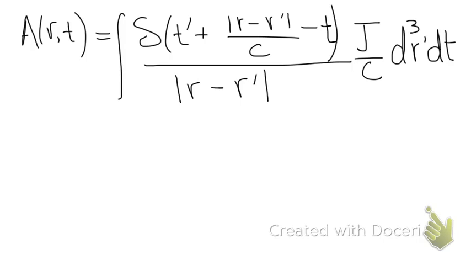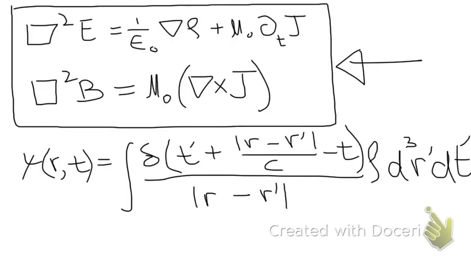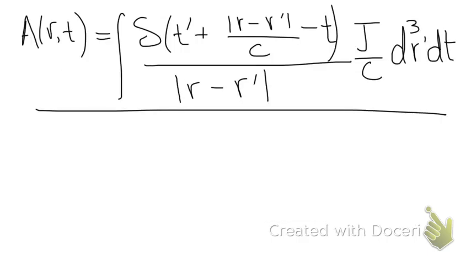Alright, so this over here and this over here are my solutions to Maxwell's inhomogeneous wave equations, right? And these solutions are so important that they deserve a name, and they are known as the retarded Lorentz gauge potentials.